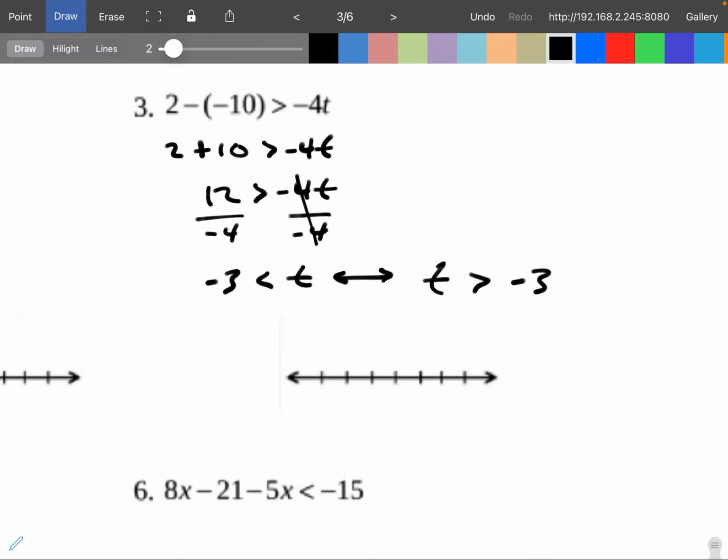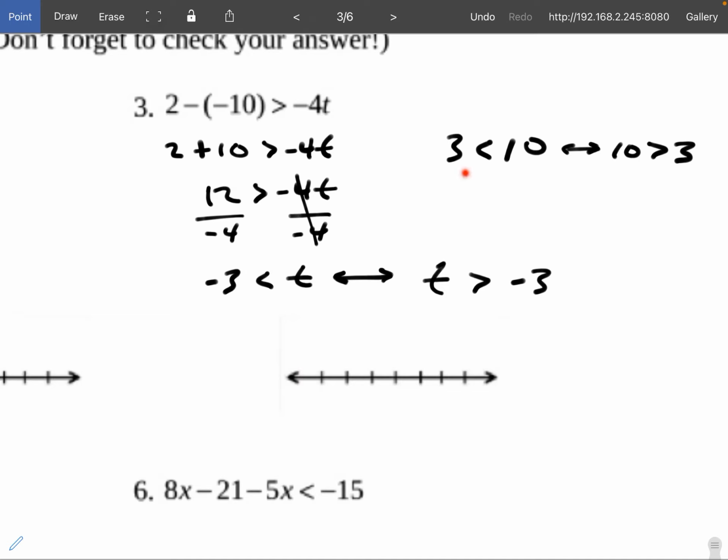These are equivalent, okay? To say that negative 3 is less than t, that's exactly the same thing as saying t is greater than negative 3. Let me just write this real quick, just with numbers. If I told you that 3 was less than 10, that's the same thing as saying 10 is greater than 3, correct?